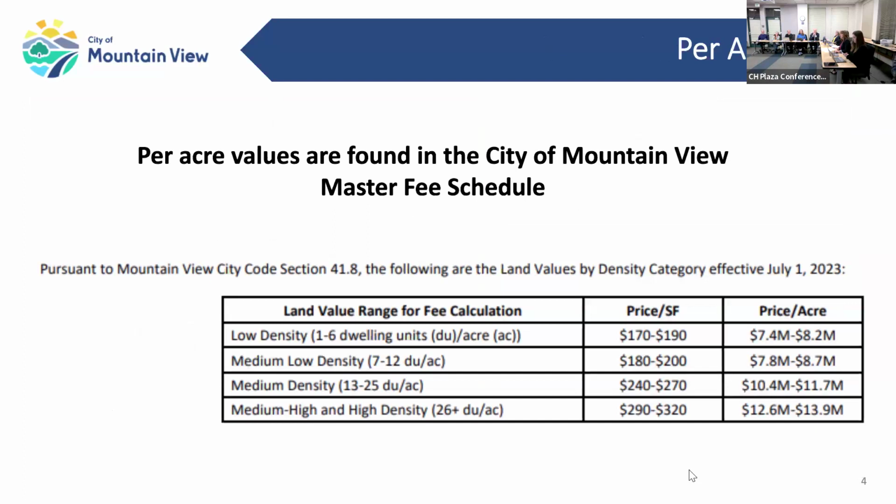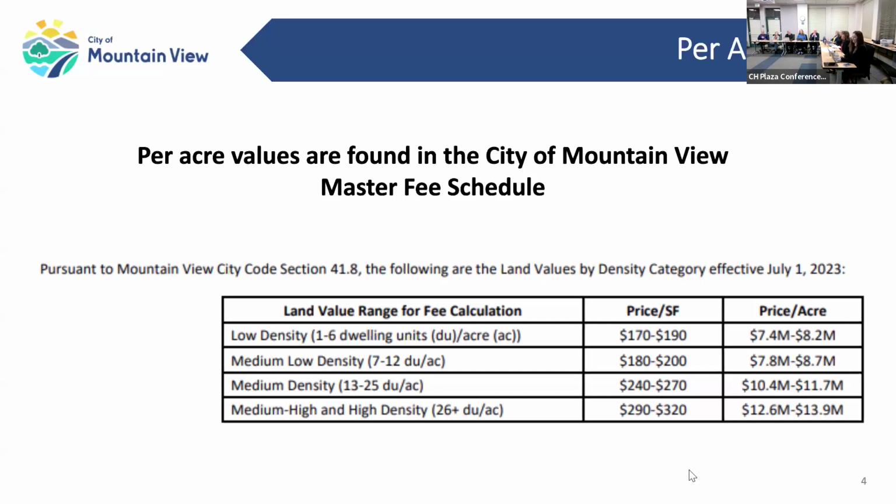So since it was 60 units, it would be the medium high to high density, so the 12.6 million to 13.9 million. So they would be in that range. I was trying to figure out if that was the parkland or the land that the housing was being built on. Oh, the land that the housing was being built on. Yeah, great. Thanks. Yeah. Unfortunately, there's no discount for acquiring parkland. Yeah, exactly. And the price per square foot in this table is used in the calculation.